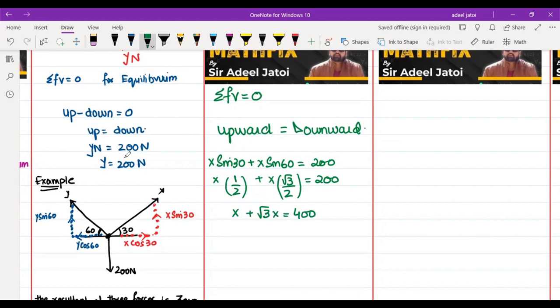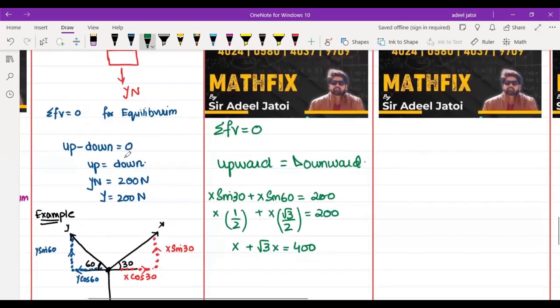Let me just correct one particular thing here. We had y sine 60 from this side, so this should be y under root 3 upon 2, and under root 3y.